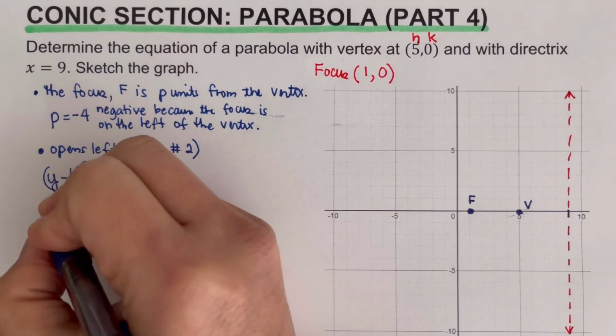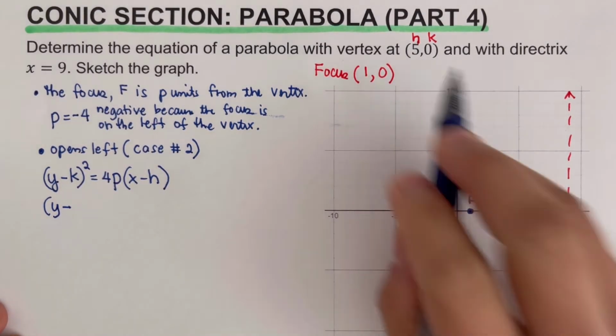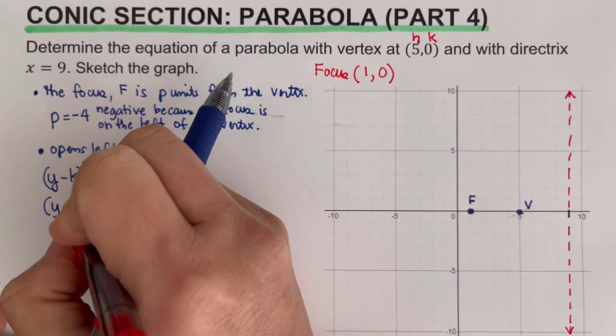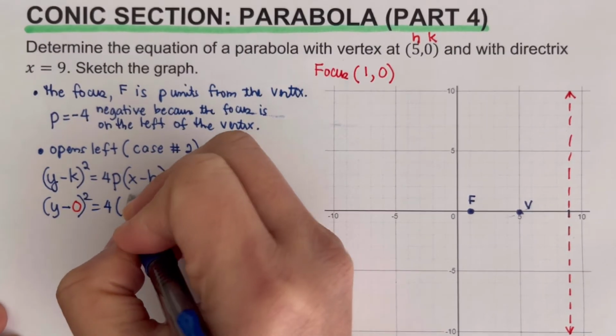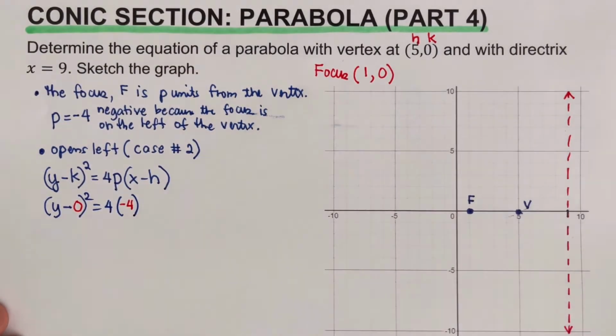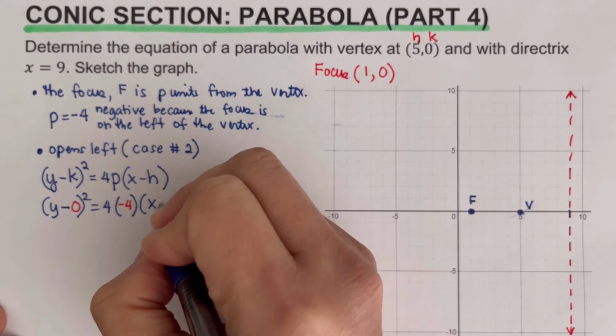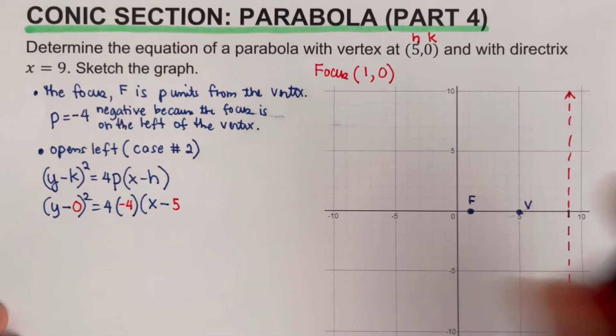So this is how it's going to look. So y minus our k, which is 0, so I'm going to write 0 right here, and then that is squared equals 4 times the value of p, which again is negative 4, and then that is x minus our h, which is 5. So I'm going to write 5 right here.